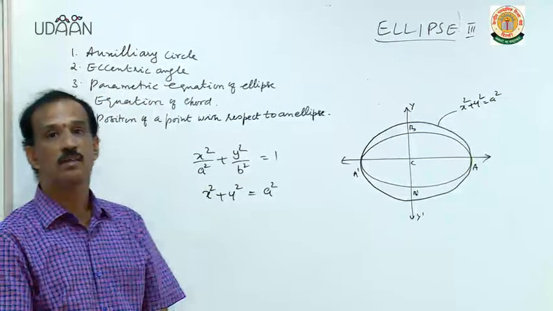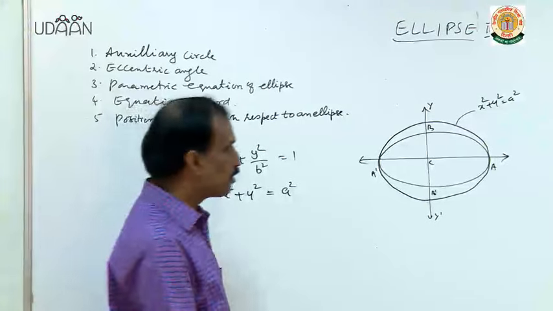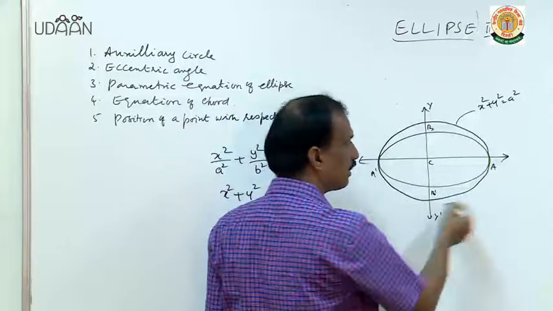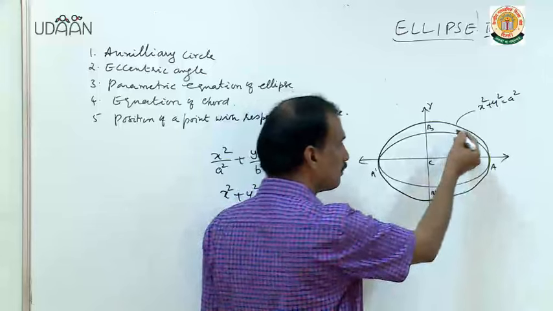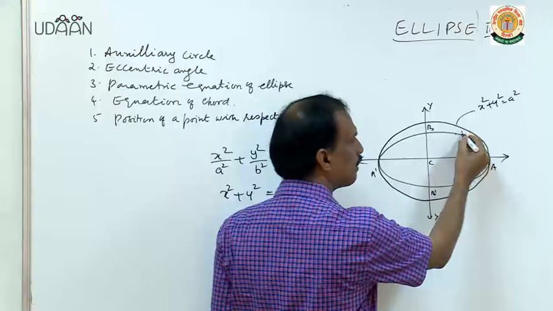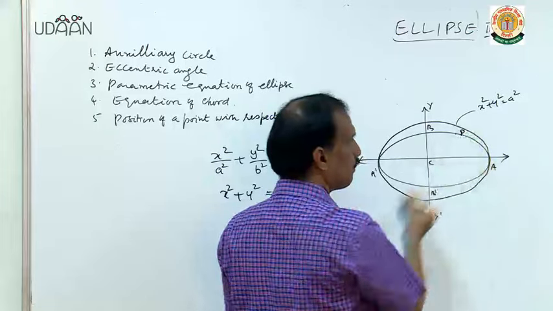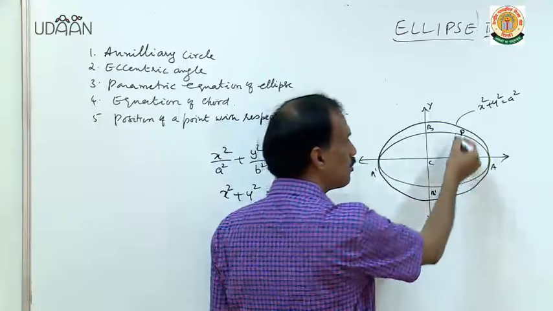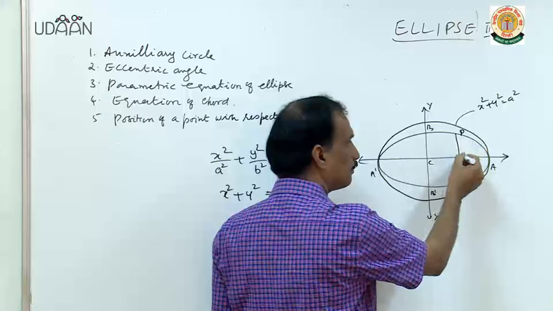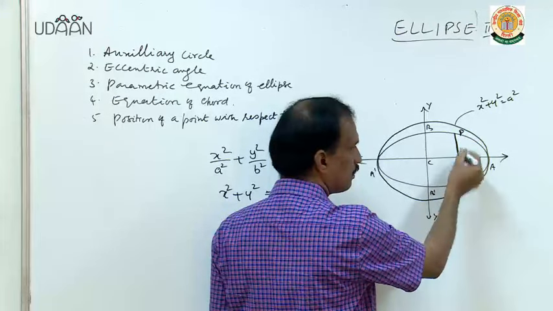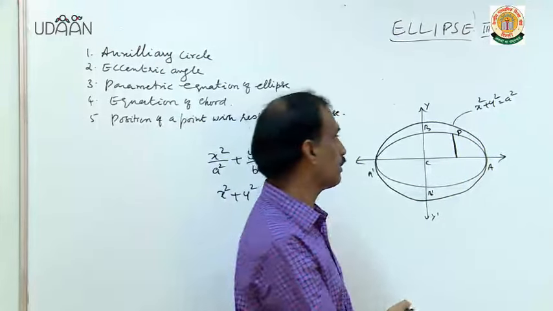What is eccentric angle? You have the auxiliary circle now. You take a point P on the ellipse. Draw a perpendicular to the axis.